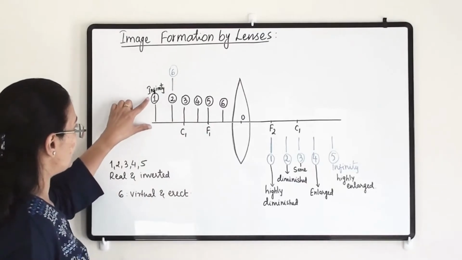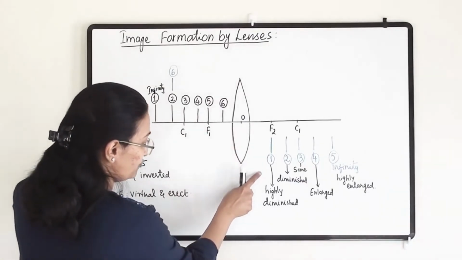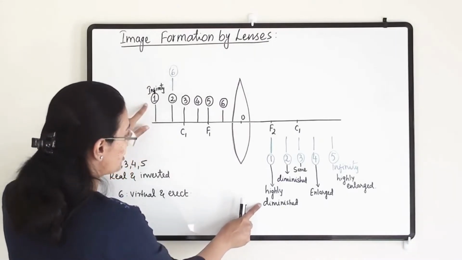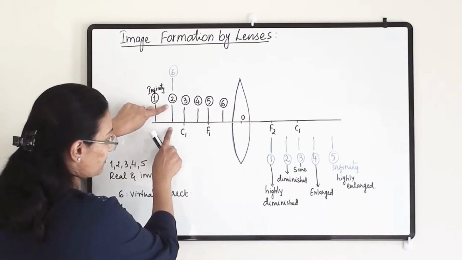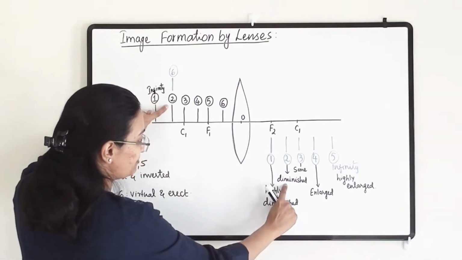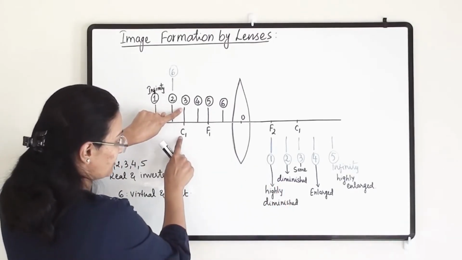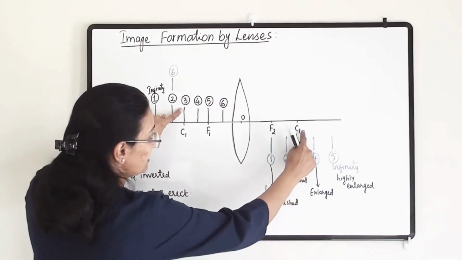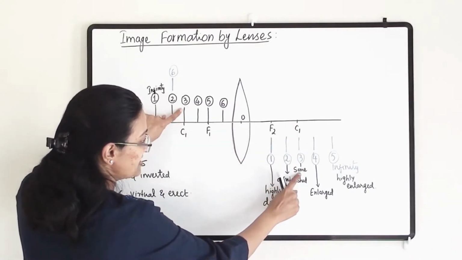When we are keeping it at infinity, we are getting the image at F2 and it will be highly diminished. When we are keeping the object beyond C1, we are getting the image in between F2 and C2, highly diminished. Then when we are keeping the object at C1, we will get the image also at C2 on the other side, and it will be the same size.